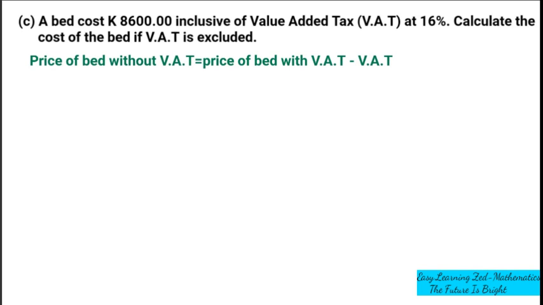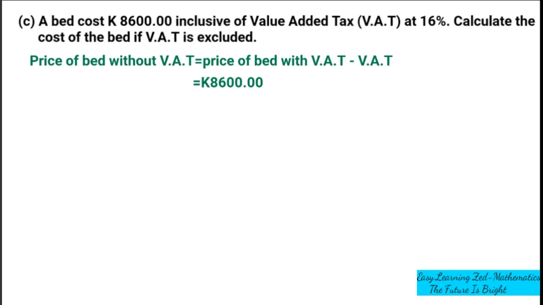The actual amount of VAT is not given, but the percentage is given. So we need to find the actual amount using the percentage, by calculating the VAT from the price with VAT.